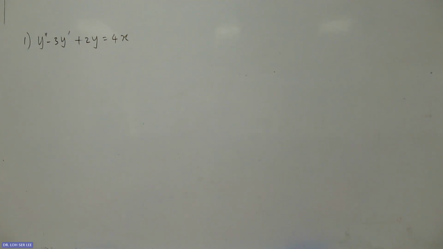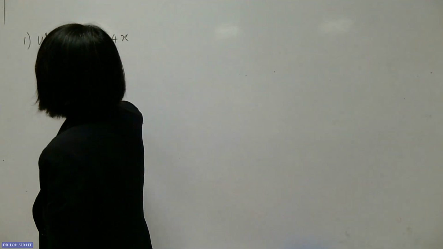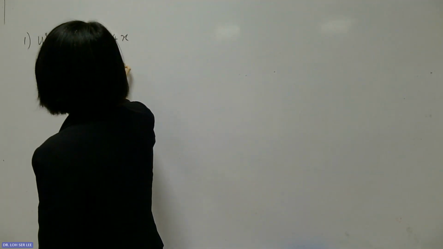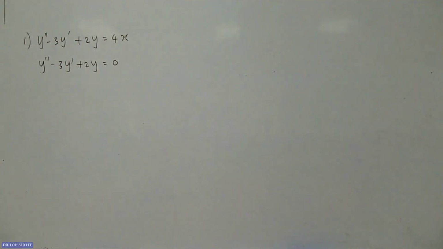Find the general solution of this differential equation. First we will let the right-hand side be 0, meaning that we will solve for this. So get the characteristic equation, then find your m, then get your yc.